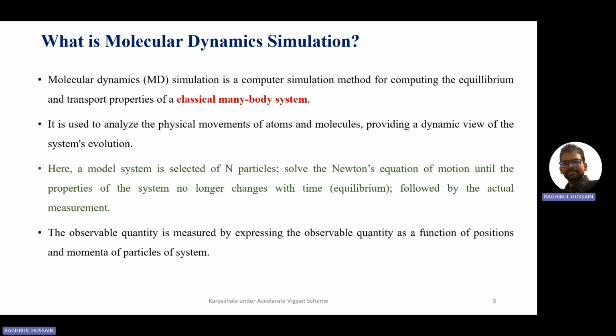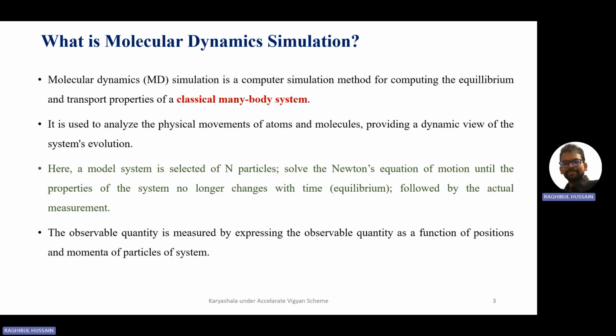What we assume in molecular dynamics, see, there is an important term called classical. When we say classical, what does it give? Classical mechanics, right? Can anyone answer: what is the basis of classical mechanics? Laws of motion, right?